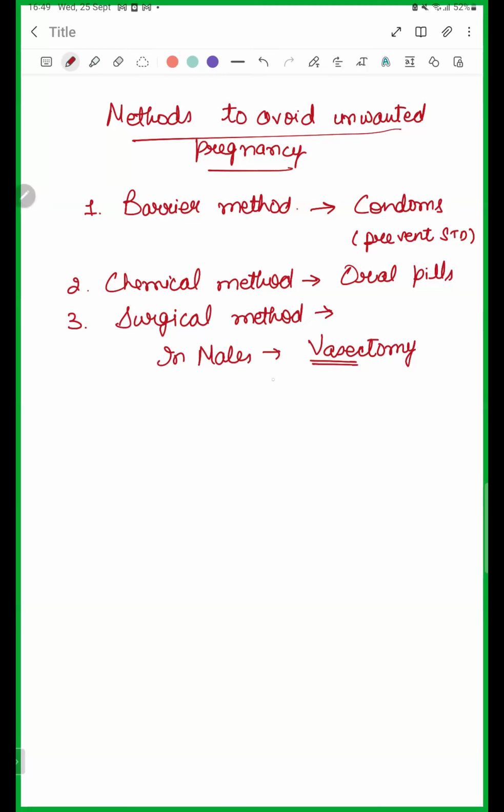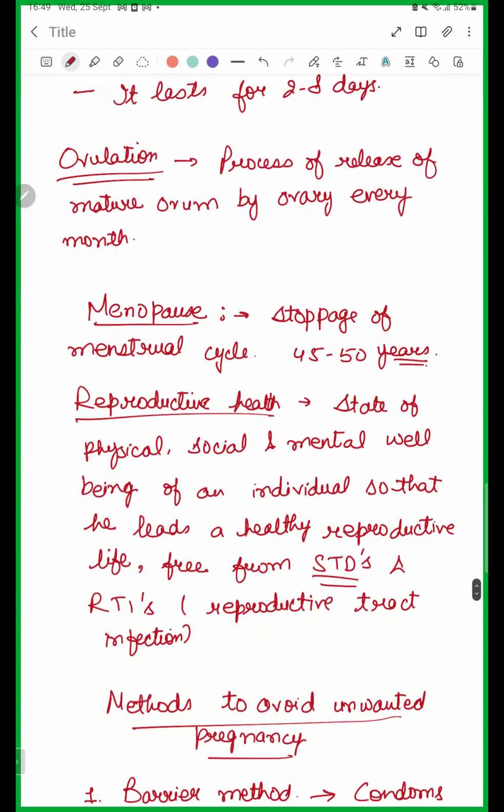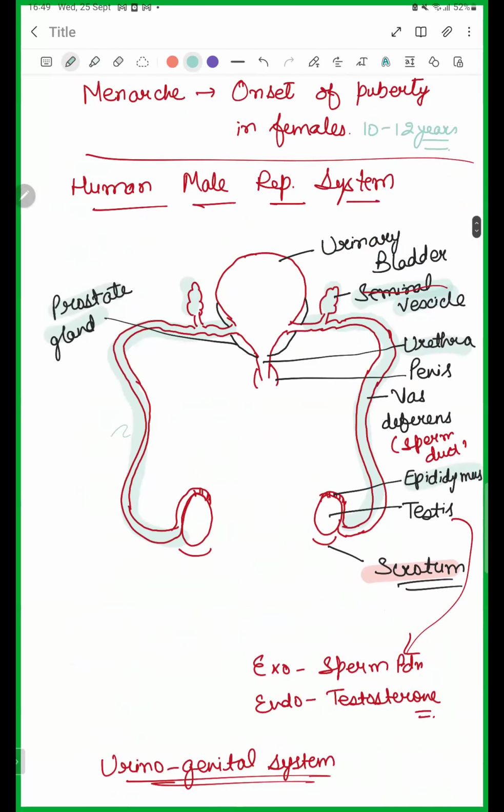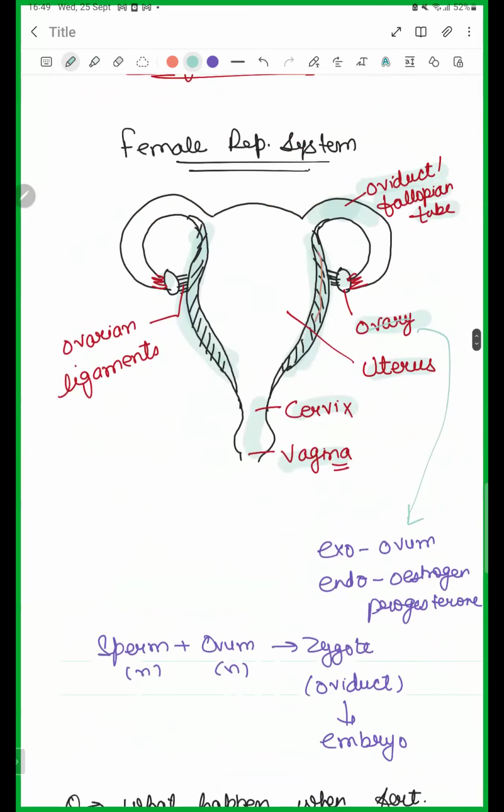So vasectomy is the blocking surgery of the vas deferens. You have seen this vas deferens over here. This vas deferens is cut and tied on the opposite side, so that there is no passage of sperms.